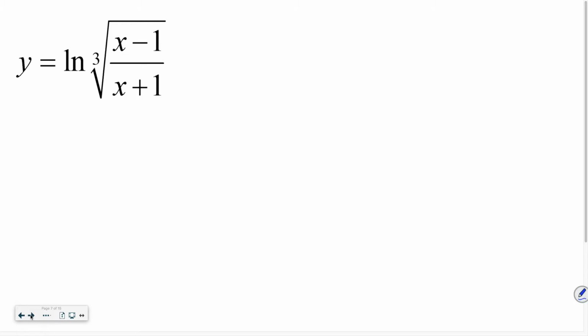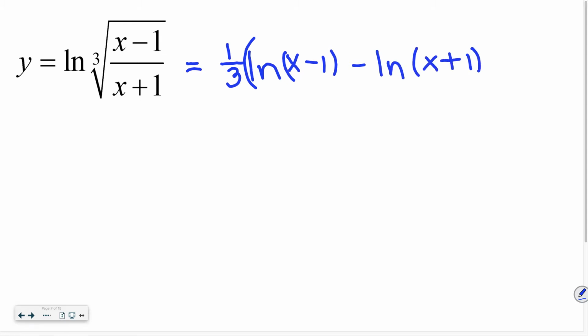We could write this as 1/3 times the natural log of x minus 1 minus the natural log of x plus 1. Right?